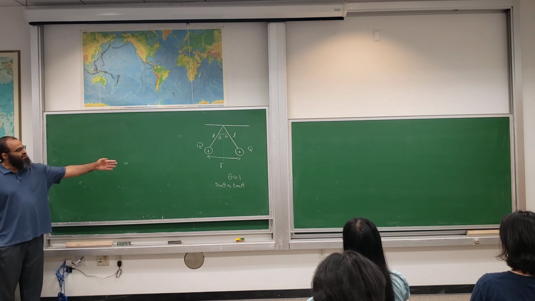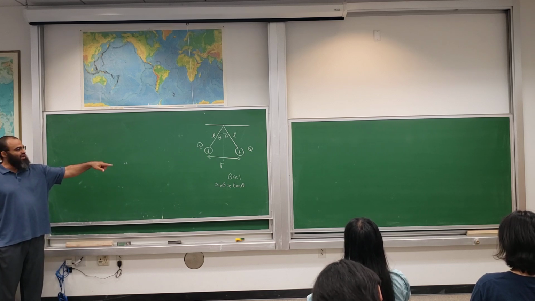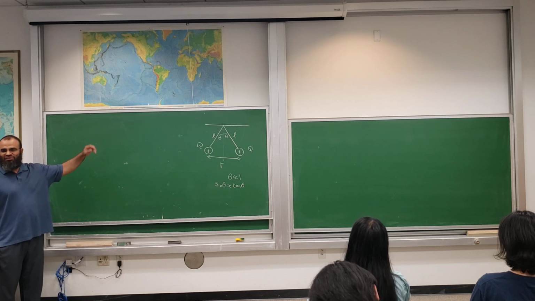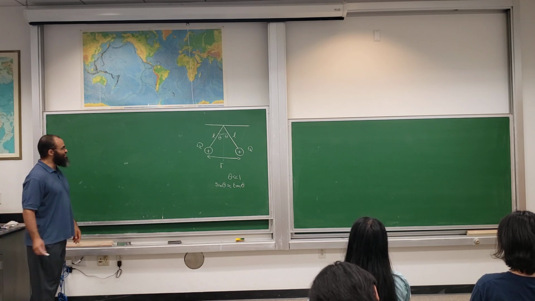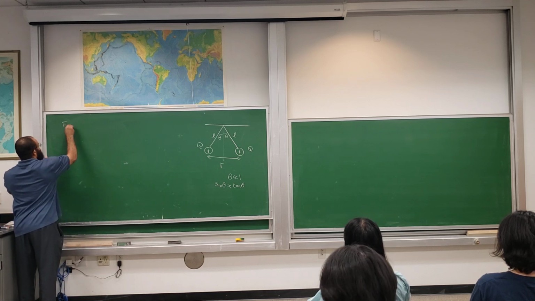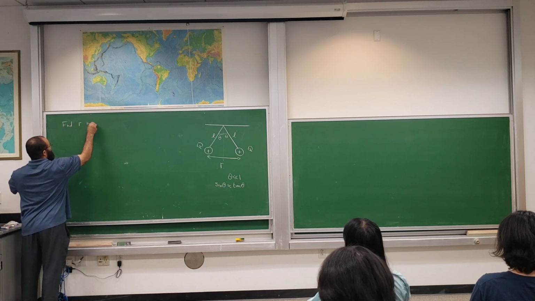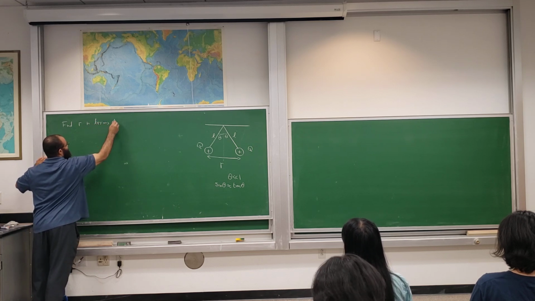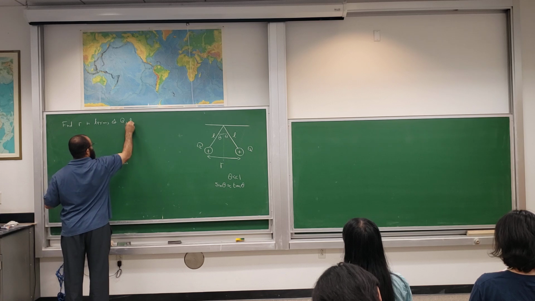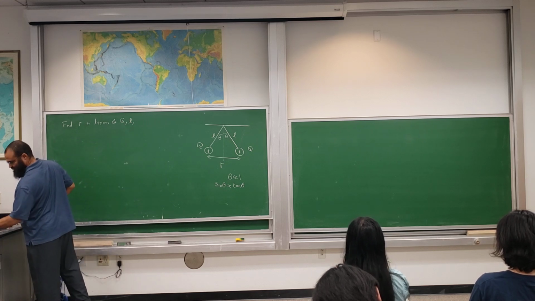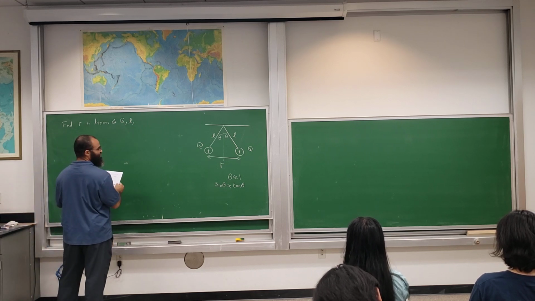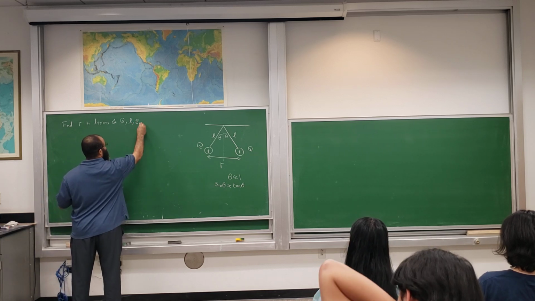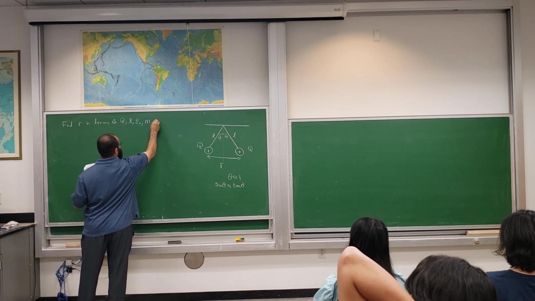So the question is this: find R, expressed in terms of Q, L, epsilon naught, and the mass of each charge, and g.